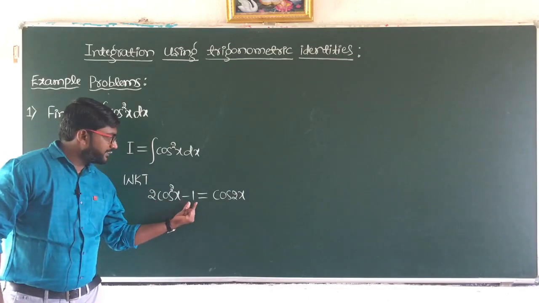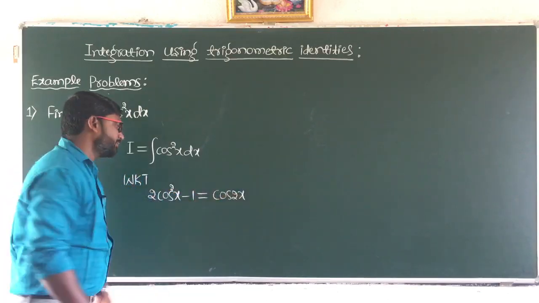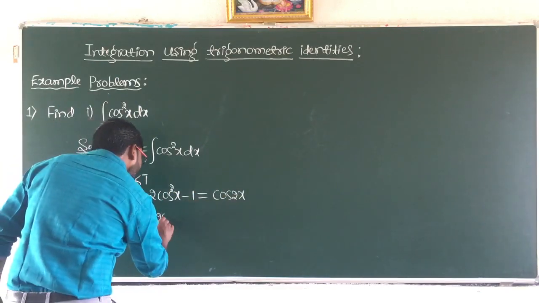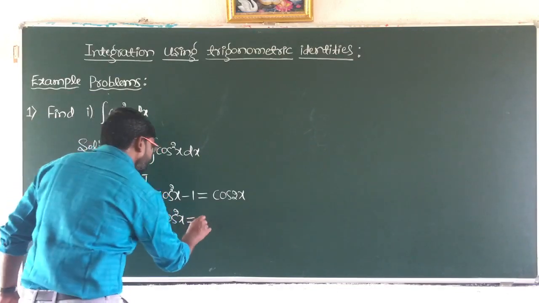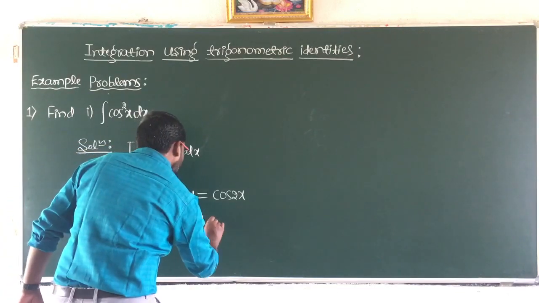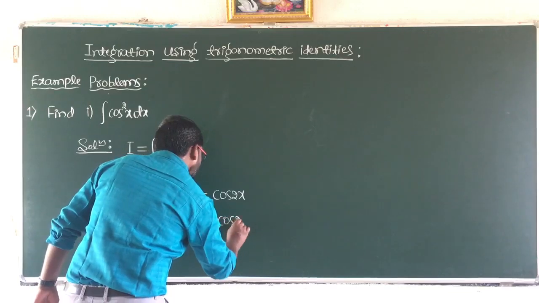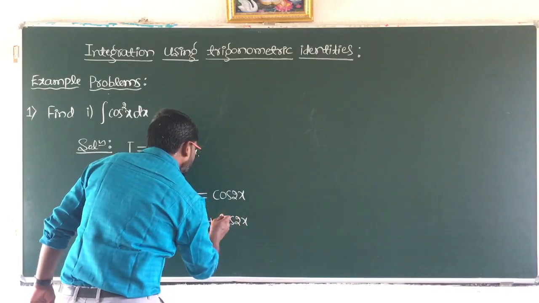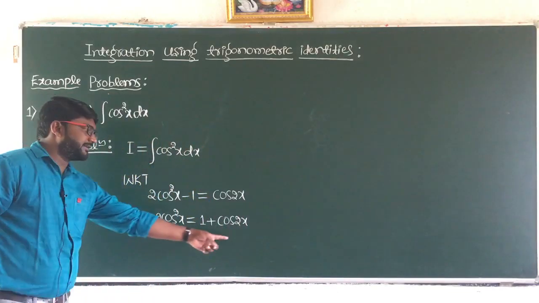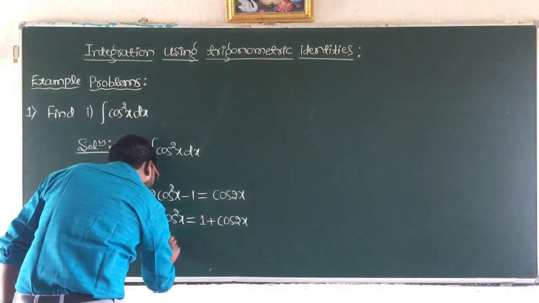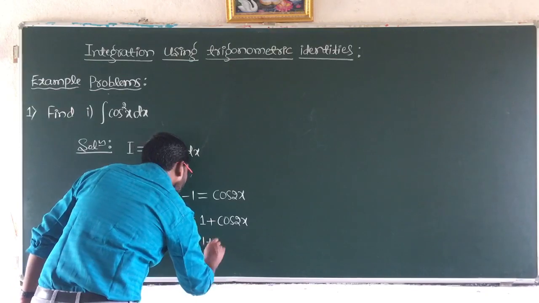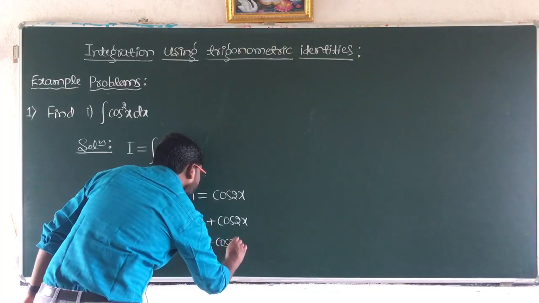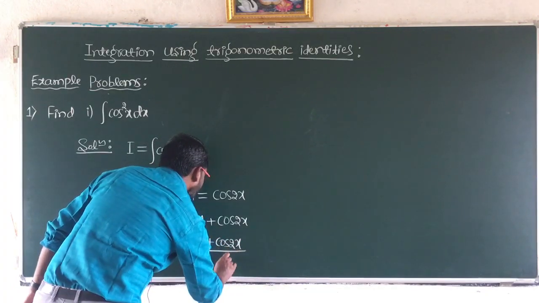Now I take minus 1 to the RHS, it becomes plus 1. 2 cos square x is equal to 1 plus cos 2x. Now take 2 to the RHS, it goes to the denominator. Cos square x is equal to 1 plus cos 2x divided by 2.